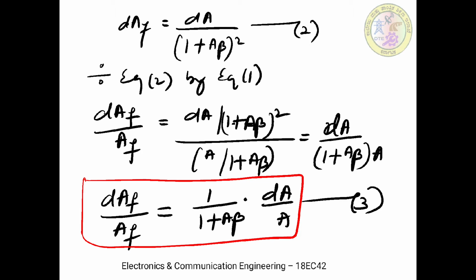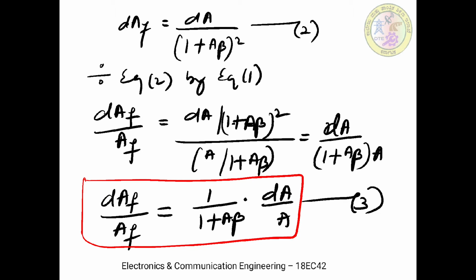This 1 plus A beta term is called the amount of feedback. For this reason, the amount of feedback 1 plus A beta term is also known as the desensitivity factor.